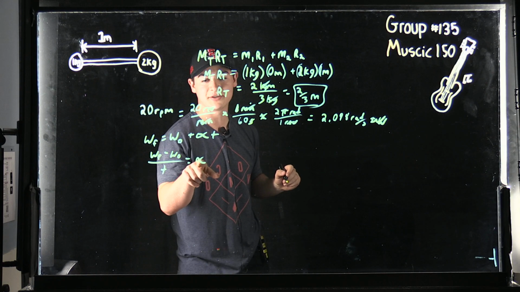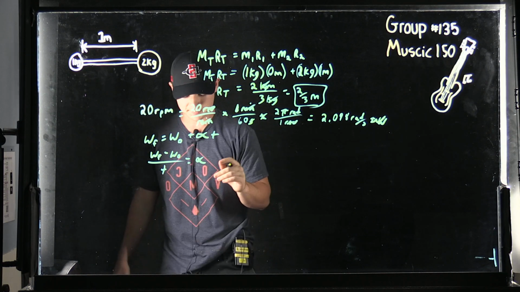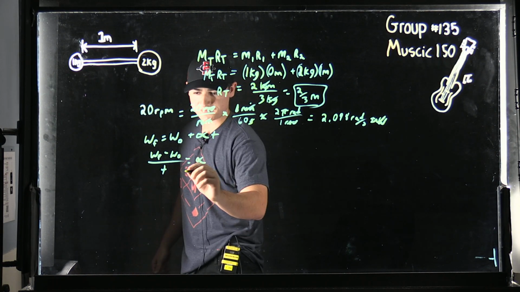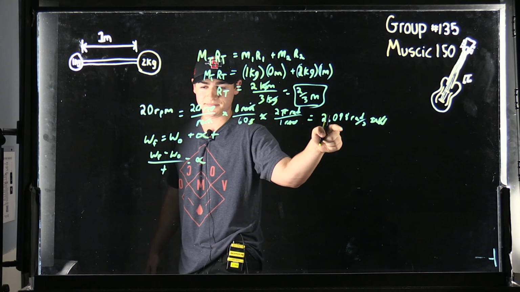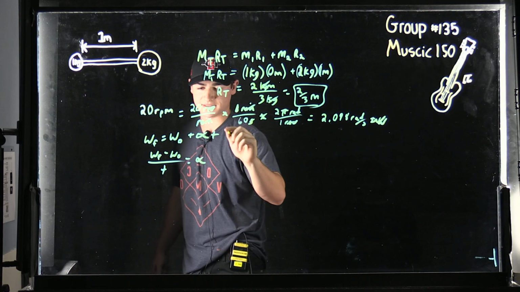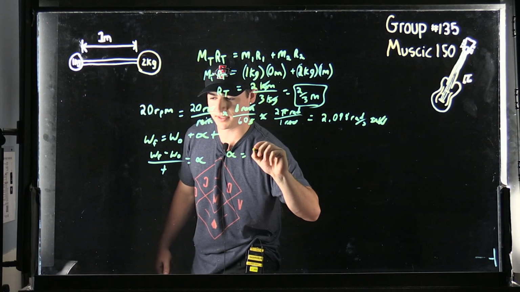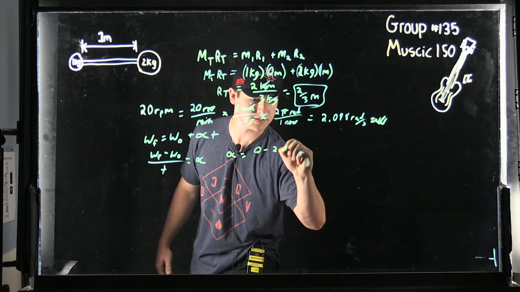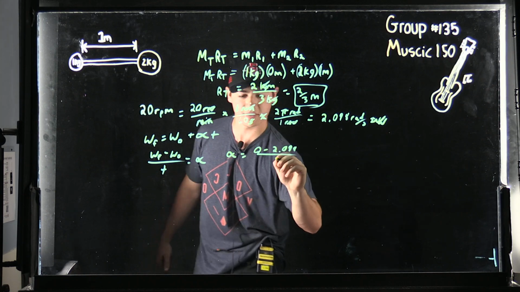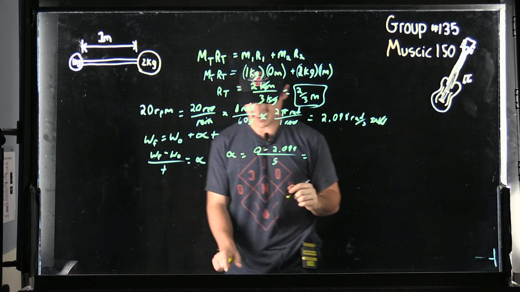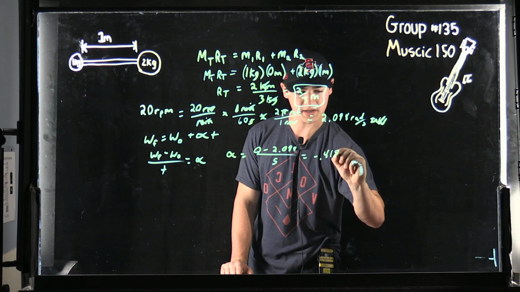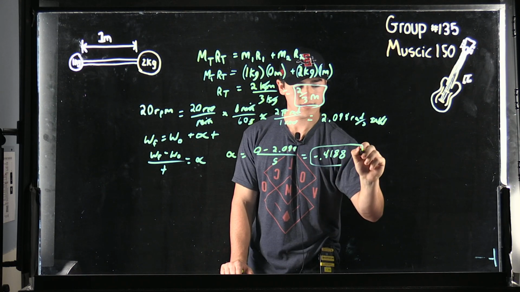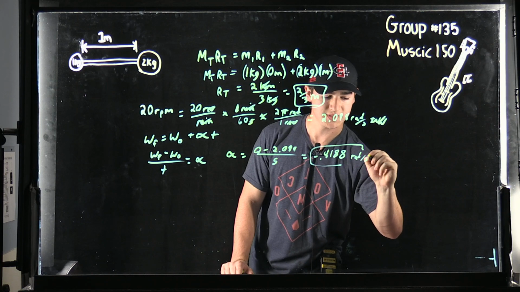We're going to try to get this angular acceleration to be isolated. So it's going to end at 0, it's going to start at this speed, and we're going to divide it by the 5 seconds. So it's going to equal 0 minus 2.094, all divided by 5 seconds. And what does this equal? This equals a negative 0.4188, and that's radians per second squared.